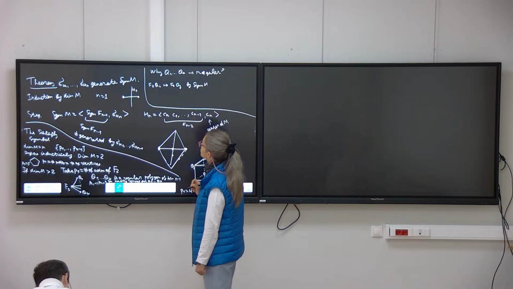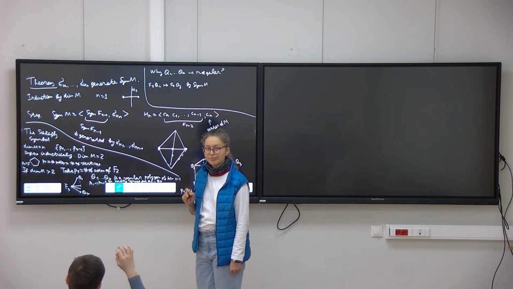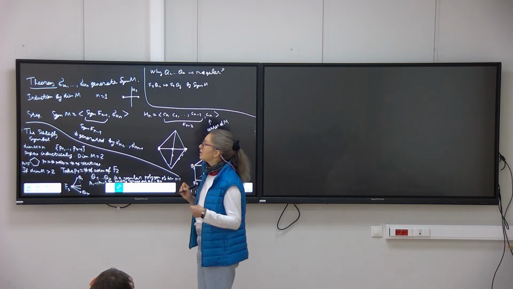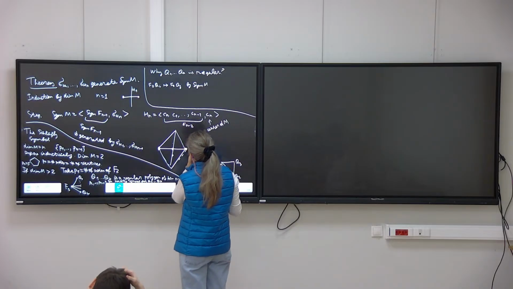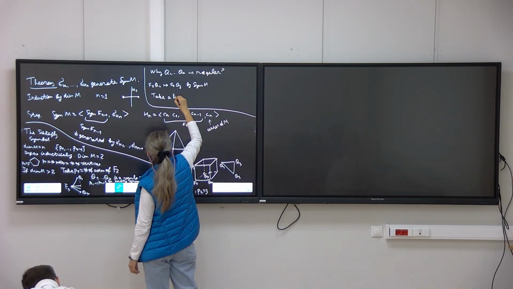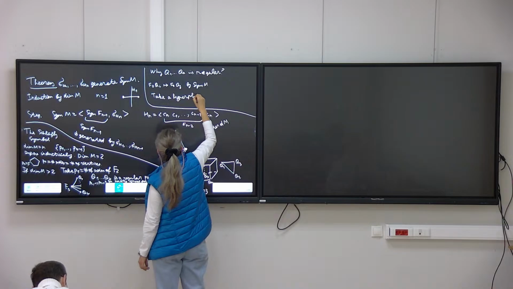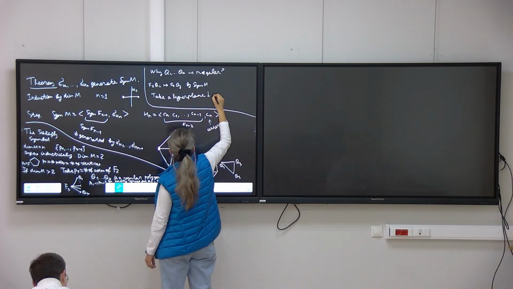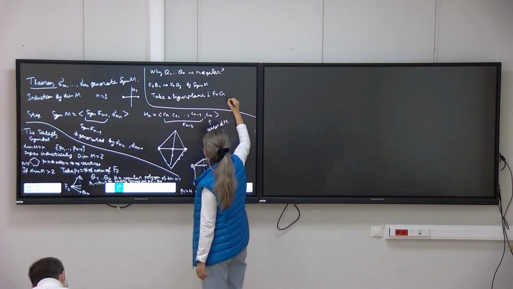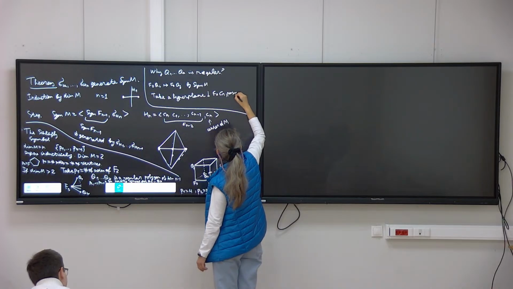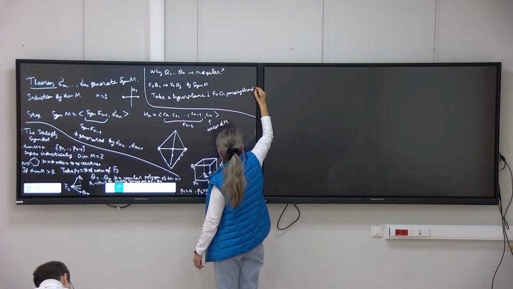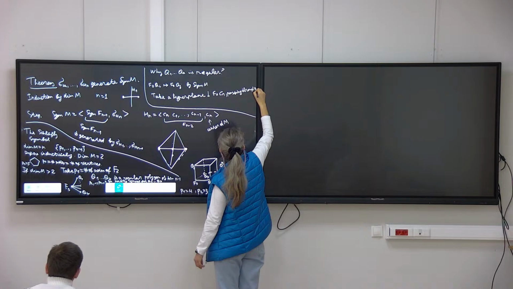We can take only the reflections that preserve F0, and they all preserve the center of M. So we can take a hyperplane which will be orthogonal to F0Cn and passing through Q1, for example.